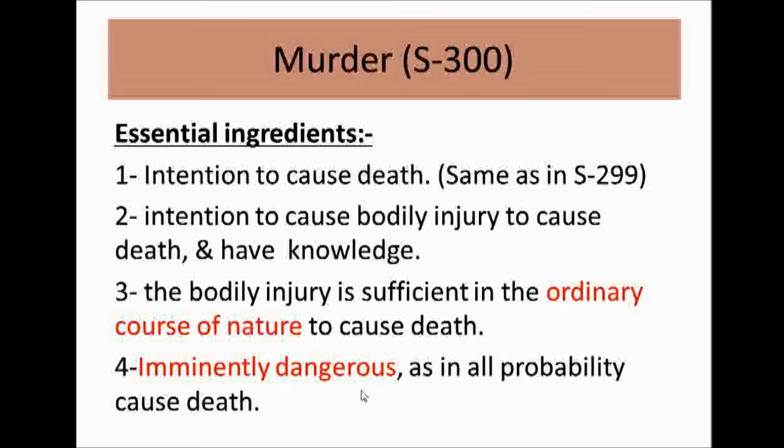The fourth essential is an eminently dangerous act. If a person is doing an eminently dangerous act that shows that in all probability the consequence is death and no other consequence is there, then that act is murder and not culpable homicide. So this was the general explanation of this section.